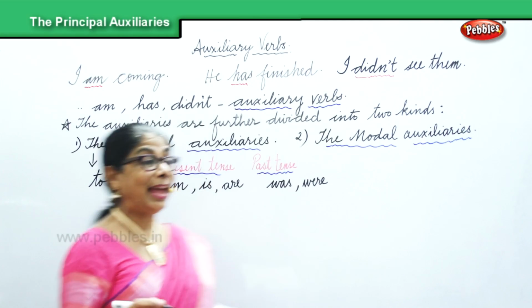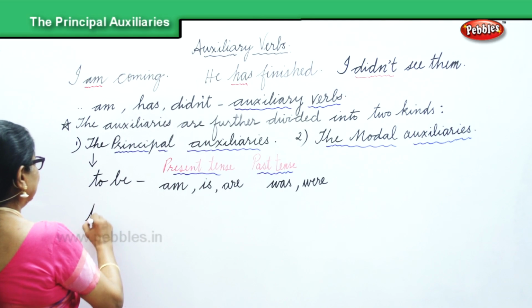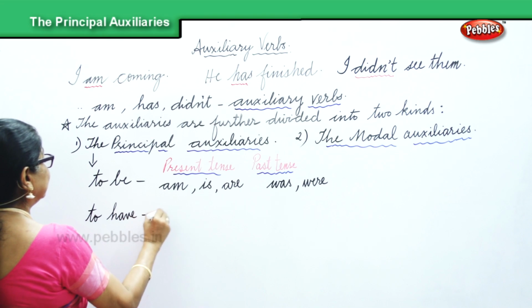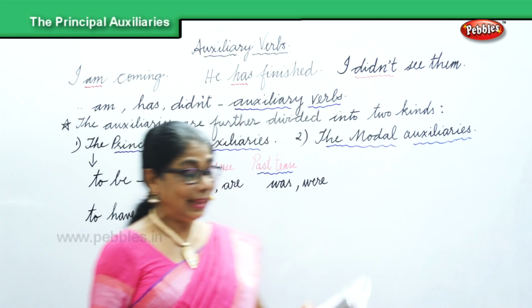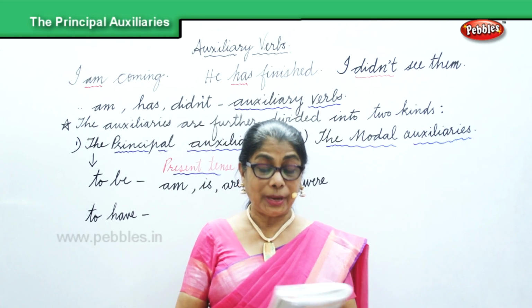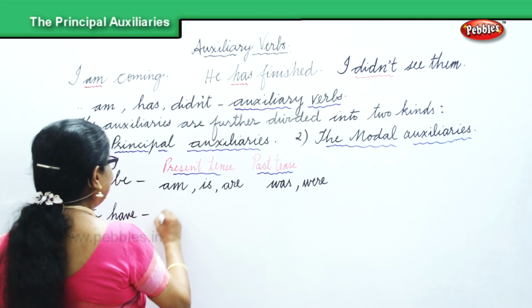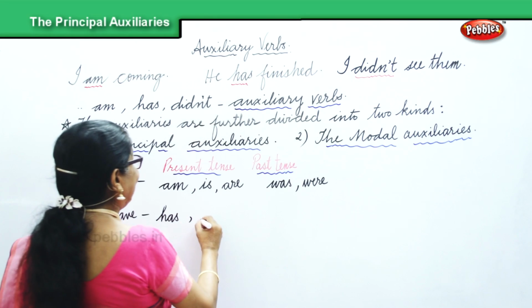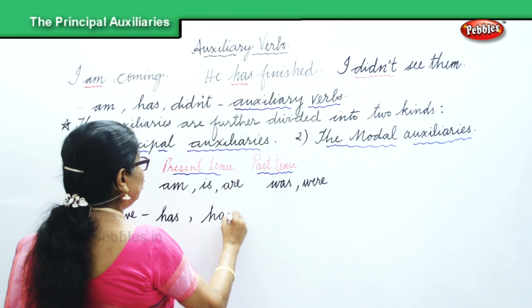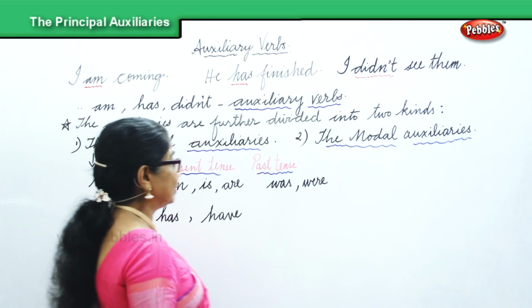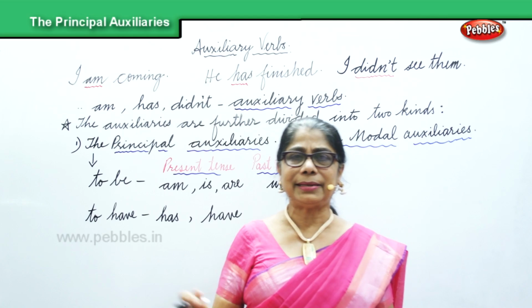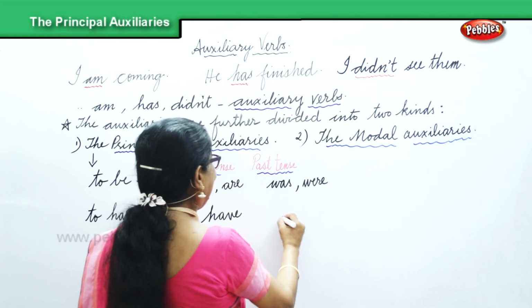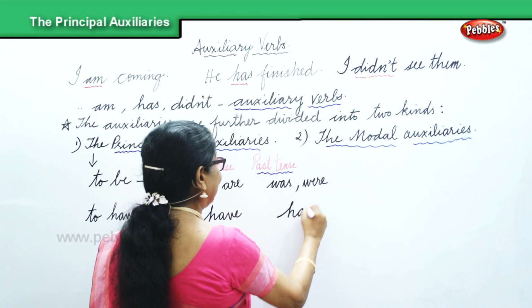Then to have. We are looking at to have. When you're talking about the verbs to have, then in the present tense we have has. She has. They have. We use these verbs in sentences. Then we talk about the past tense. In the principal auxiliary, we use had.